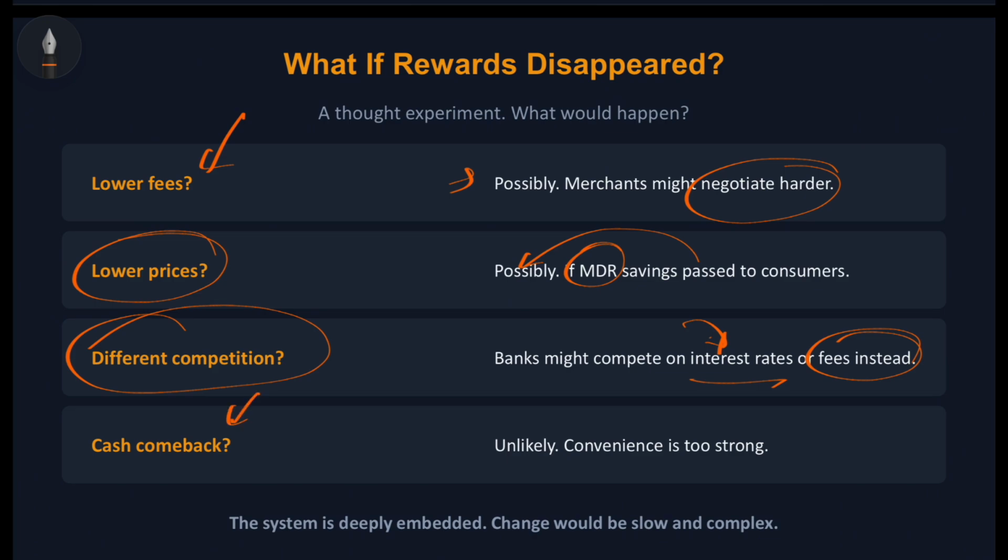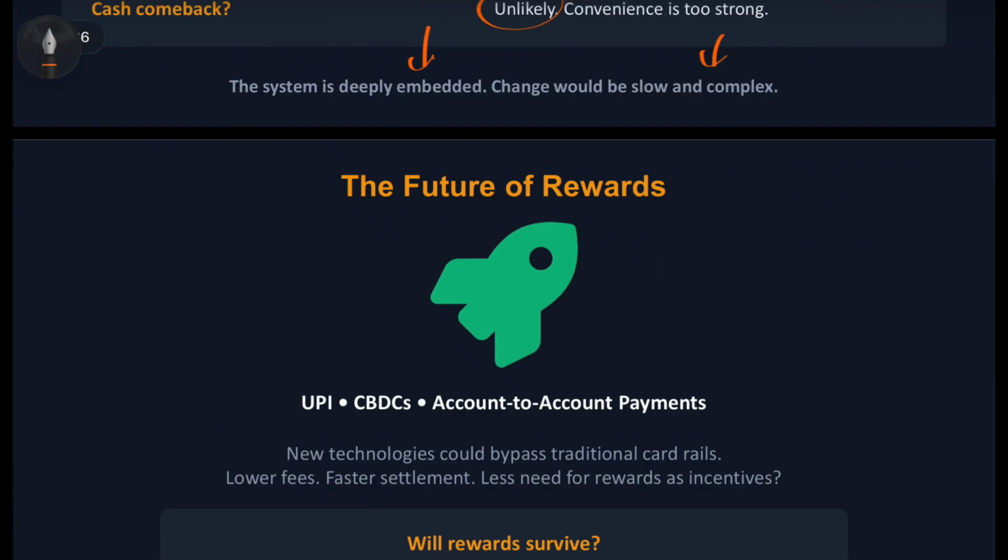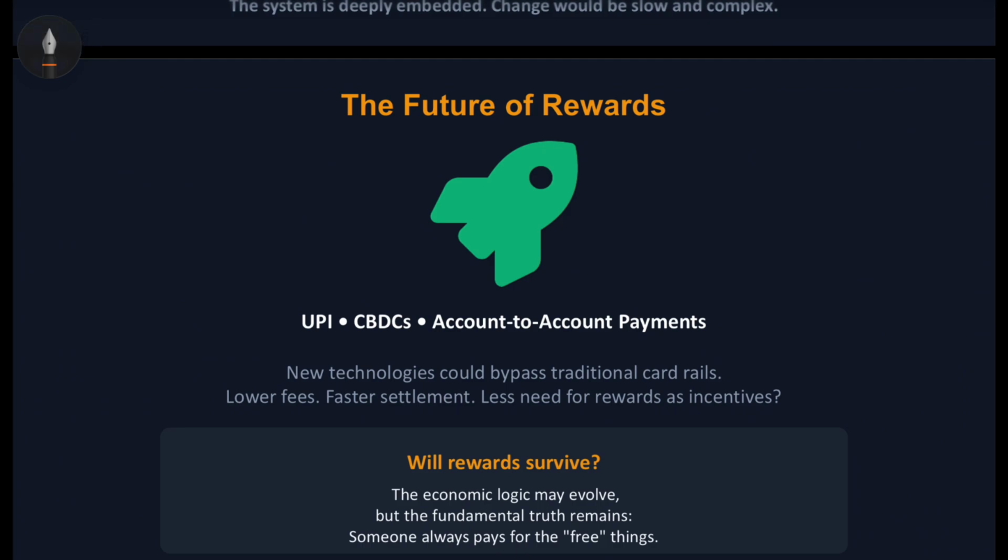Would cash come back because of that? Actually, this is quite unlikely because convenience is getting way too strong, right? The way the economies and the human psychology is moving, we are actually preferring convenience over cost, right? So the system is actually quite deeply embedded at this moment. Whatever changes would come would be slow and quite complex, right? So what is the future of rewards, right?